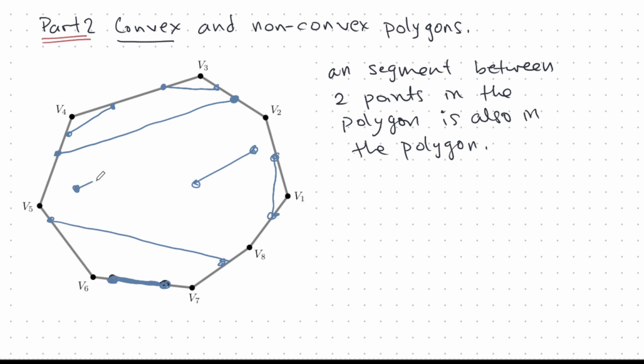Here, we have two points on the boundary, and the rest of the points of this segment are in the interior. So this is actually a convex object. It has this property that you draw any segment anywhere, and the points of the segment are completely contained inside the polygon.